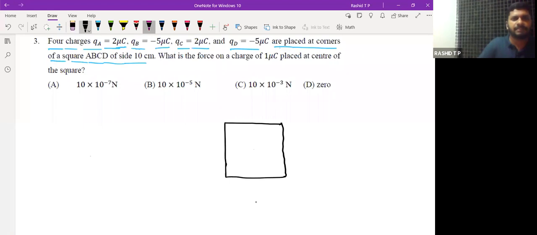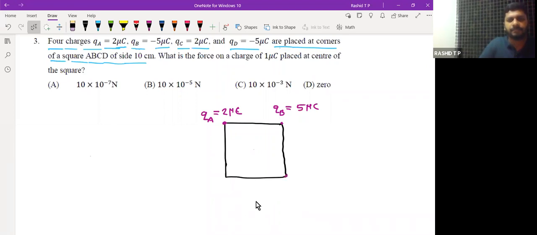The charges that are kept: this is QA, equal to 2 microcoulomb, and this is QB, equal to minus 5 microcoulomb.